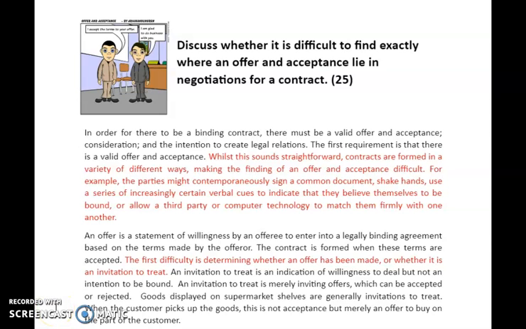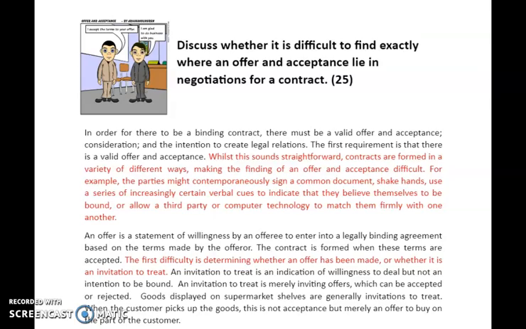To get a high mark on an essay like this, you need to do two things. You need to show that you know what the law is, your AO1, your facts, your rules, your principles from the cases. And the second thing is your AO3. You need to show that you can evaluate the law. You can discuss the positive things about it and also the challenges that it throws up.